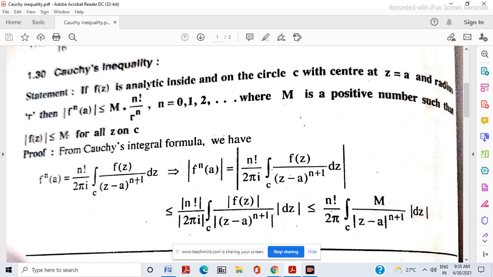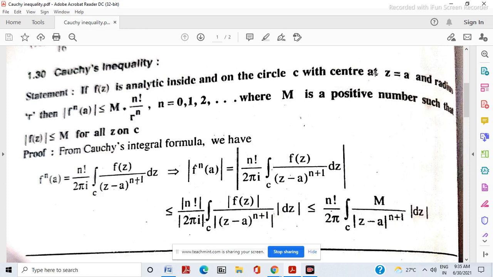What is meant by modulus of f of z less than or equal to M? What is this M? You have studied it in sequences. You can say that the function is bounded, and bounded above by capital M. Then what all things are given, first we have to see. The first condition given is that f of z is analytic. Another condition is that it is analytic inside C. What is that C? C is a circle with the center at a and radius r.